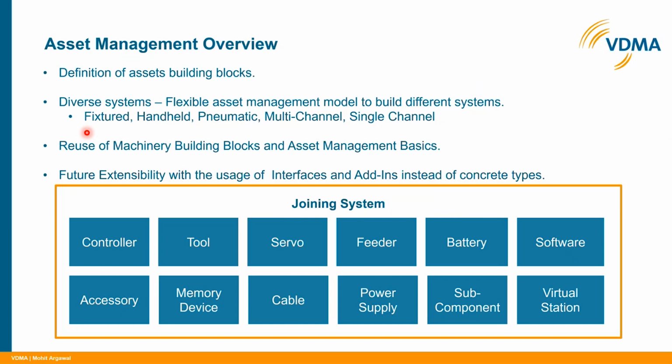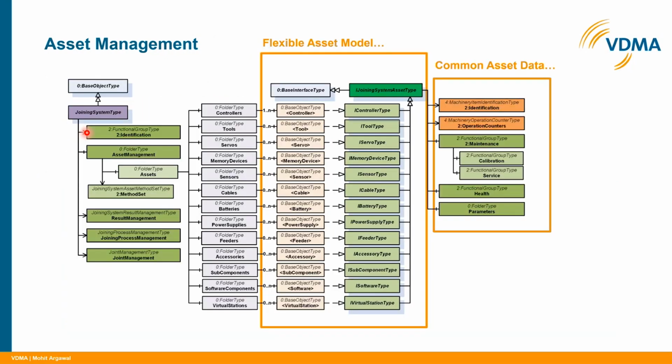Let us go through the next slide, which visualizes the overview of how it looks in OPC UA. This image is a bit small, but in the specification it is much clearer. All these assets we have defined. As I mentioned, we used an open modeling approach and everything is a base object type where we have defined interfaces and the respective rules. The key point in this slide is this common data.